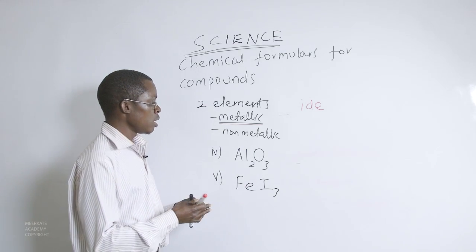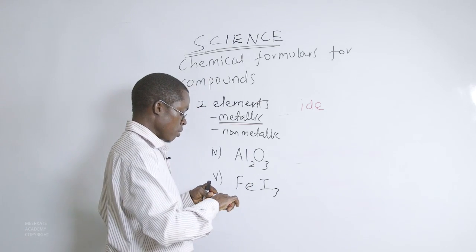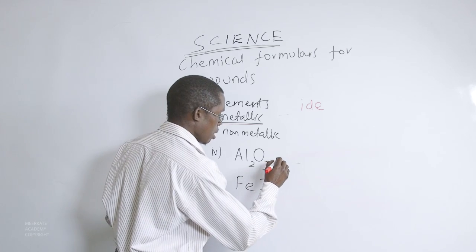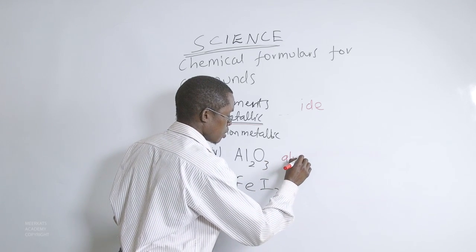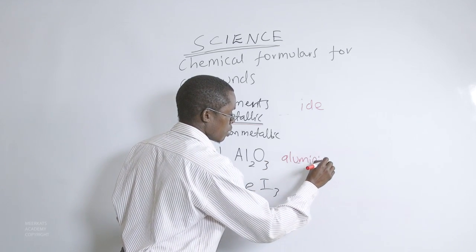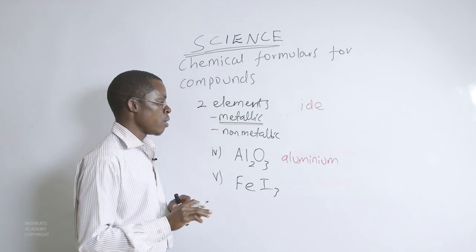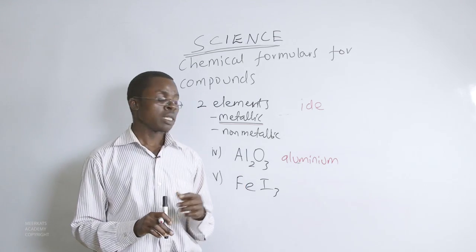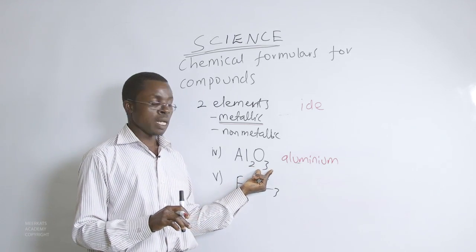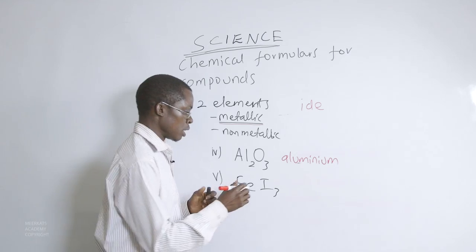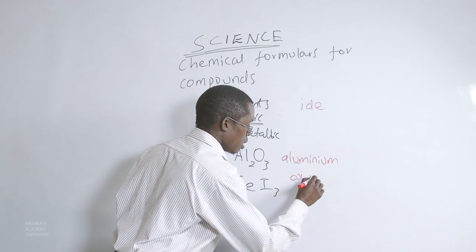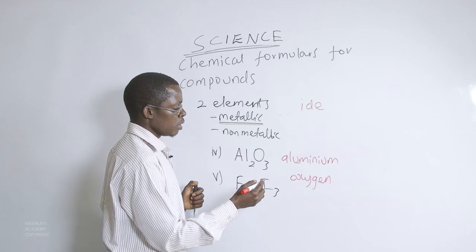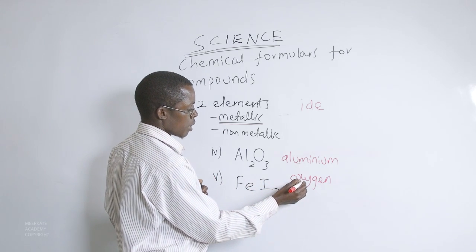In naming the compound, the rule states that, number 1, give the full name for the first element, which is aluminium. Aluminium. So there we are. Let's look at the second part. The second part is to pick the name of the second element, which is oxygen. Oxygen, we only pick the first part.